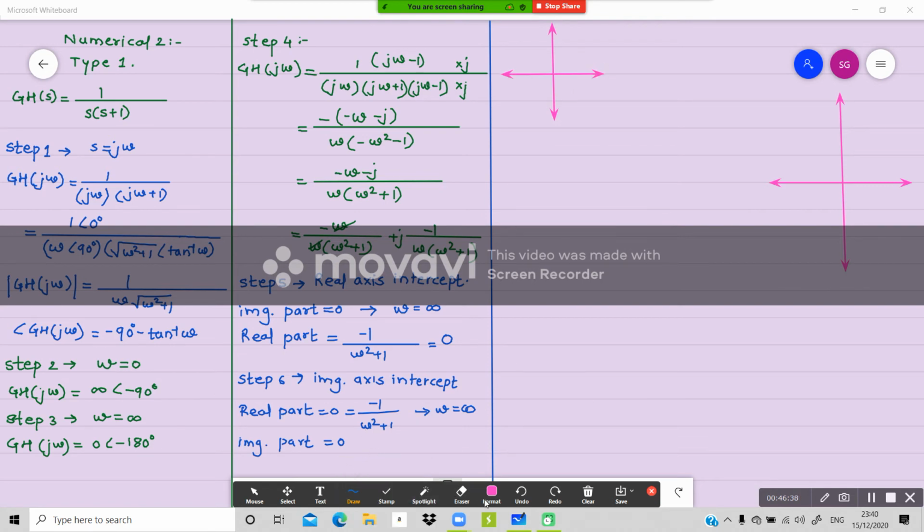I'm talking about this one, your Nyquist contour. Right, and this is your Nyquist plot. Let's do one thing, I'll draw it over here, so will be easy for us to compare. Just a minute.